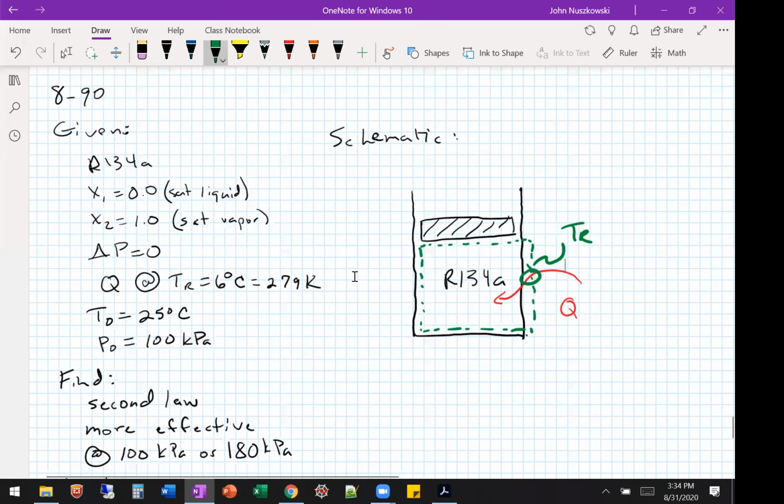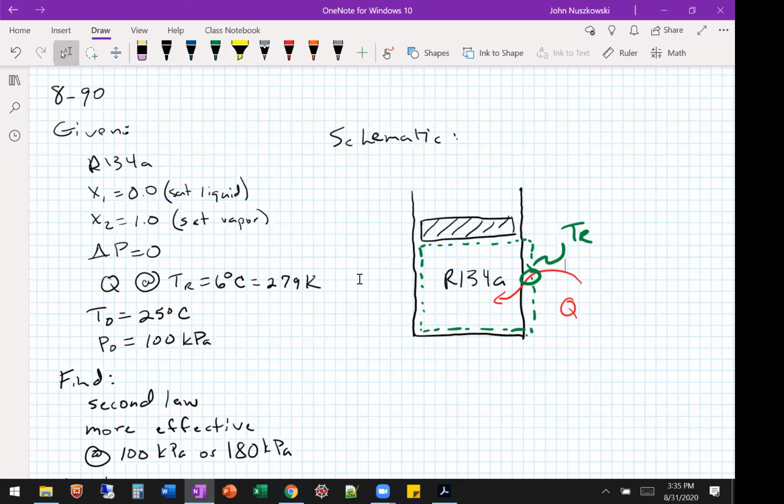So we're looking for the second law. From a second law point of view, what's more effective? And they have two different pressure choices for this process. So what do they think we're asking for here? When they're saying second law more effective, what do we think that might mean?